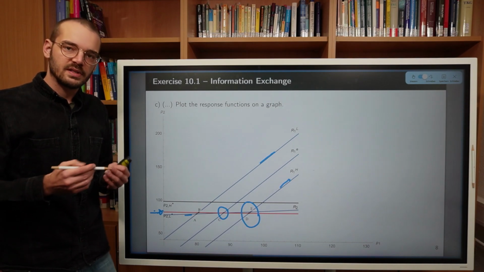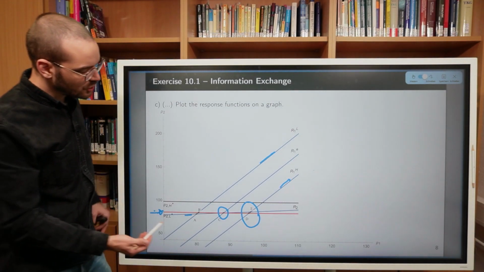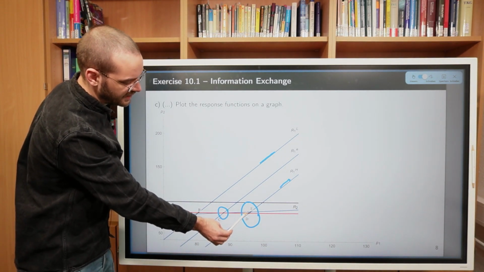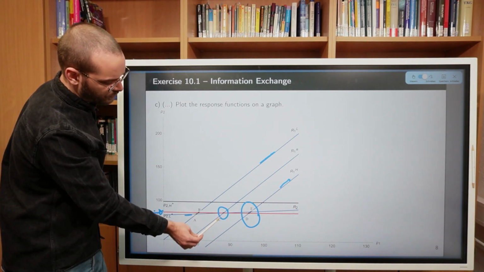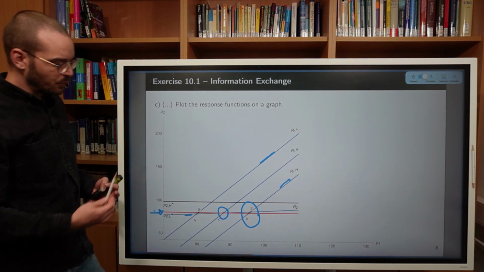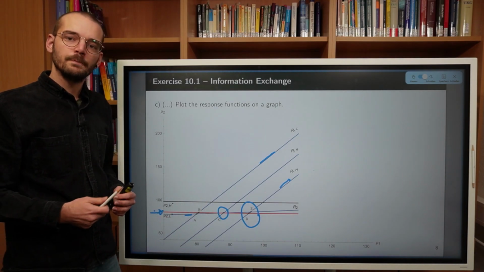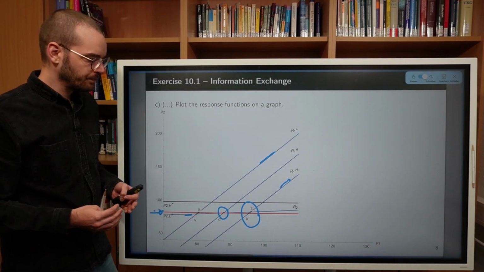However, because there is uncertainty, firm 2 will not actually set a price according to point E, but rather according to point C. Firm 1 at the same time will take this price-setting behavior of firm 2 into consideration.